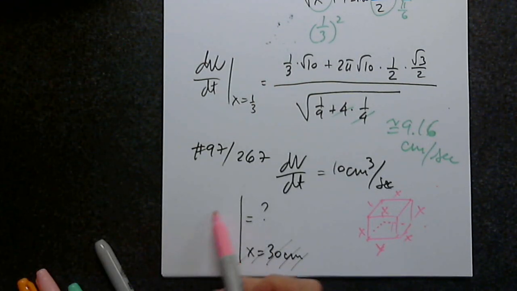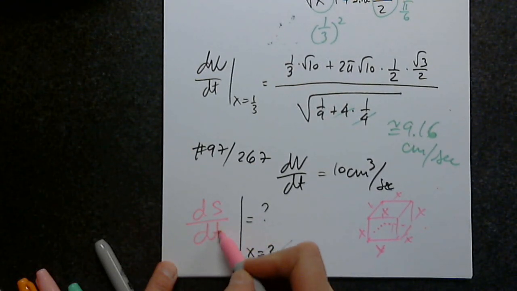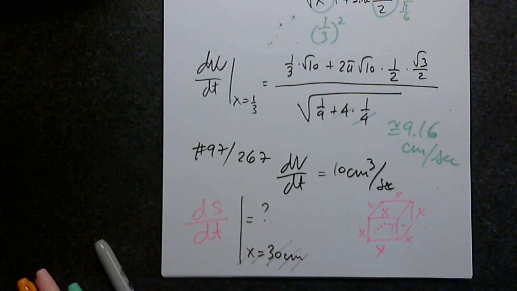So what is this? ds over dt. So we're asked, yes, we're going to write it in a minute, but the question is asking us to find how fast is the surface area changing, increasing in this case, when one edge, which is all of them, right, when the edge is 30.